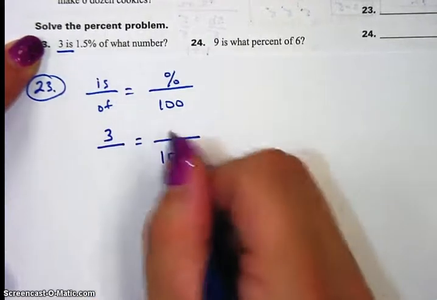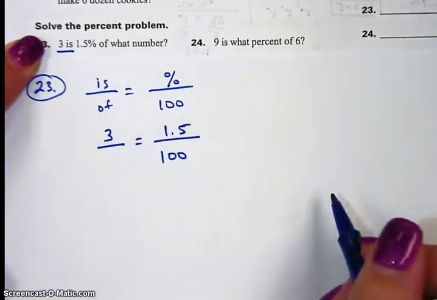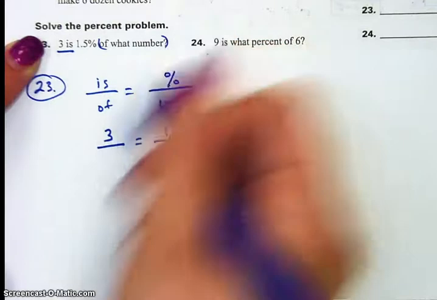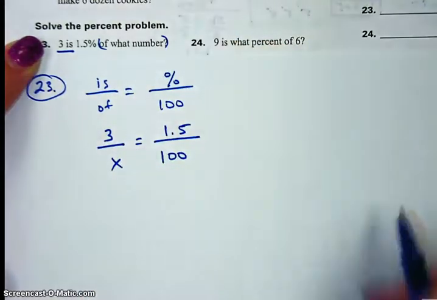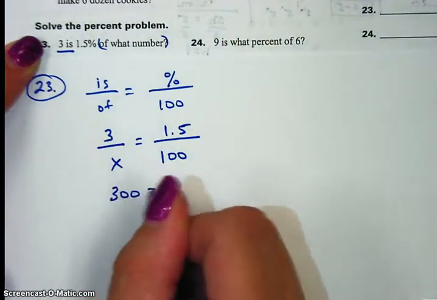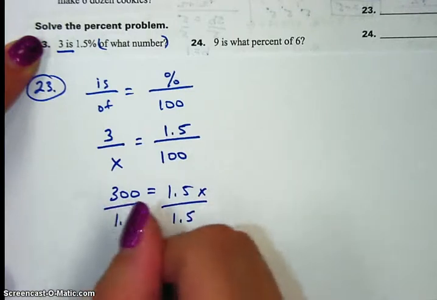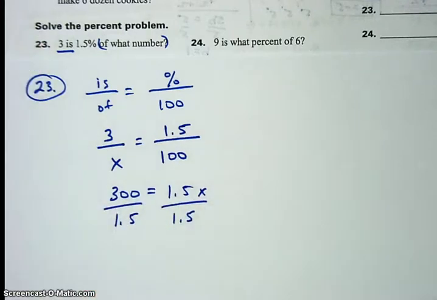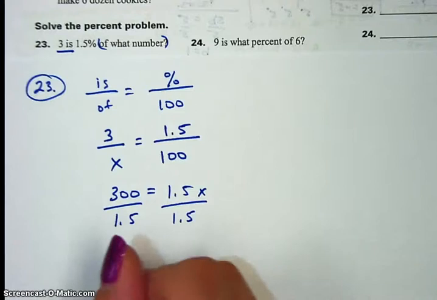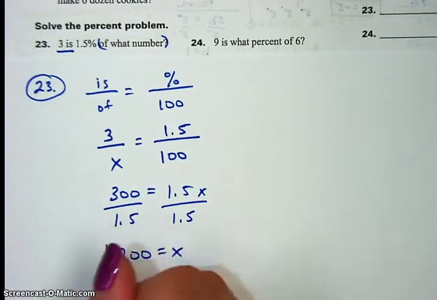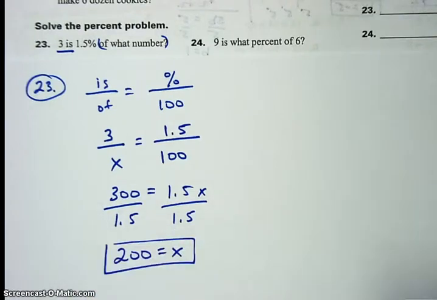It's got a percent sign, so 1.5 out of 100. Of what number? Well, I have no idea. So we're going to cross multiply. 300 equals 1.5x. Divide by 1.5. So 300 divided by 1.5 is 200. 200 is the number we're looking for.